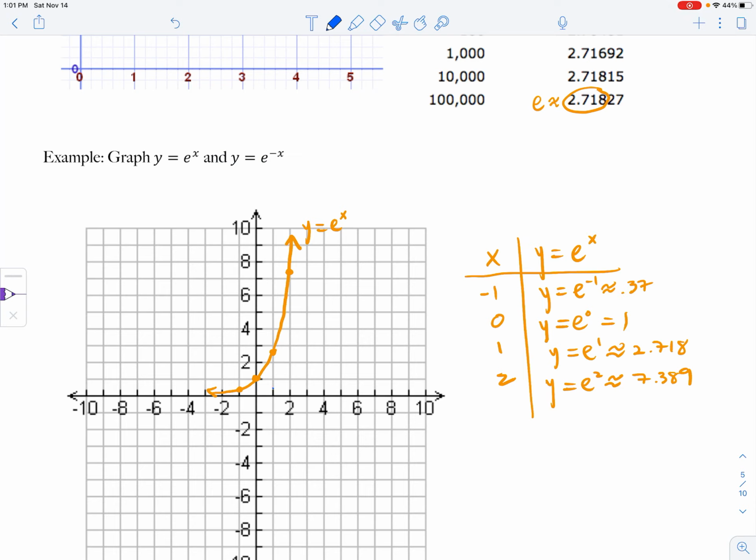So again, if we want to graph e to the negative x, that's just a horizontal reflection. So I'm reflecting each of these points across the y-axis.